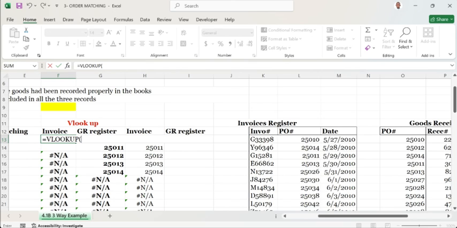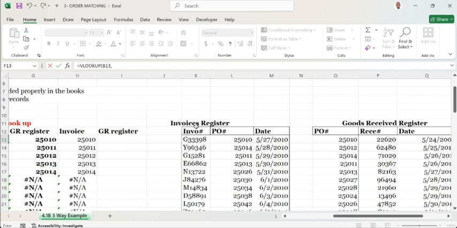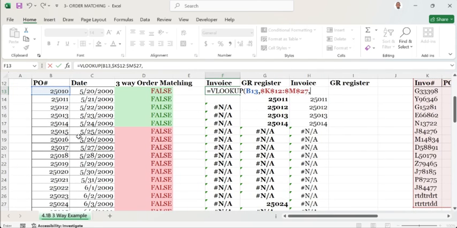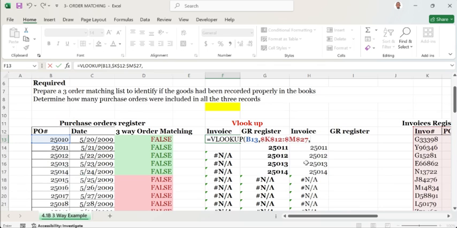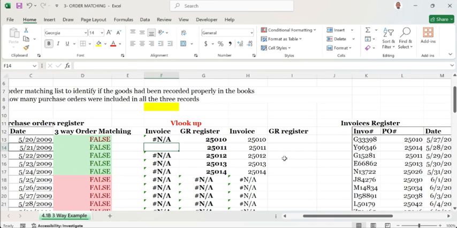Remember, in our case, tukikuja hapa, tukitumia hiyo formula ingine, kwa column tungeandika column number 2.